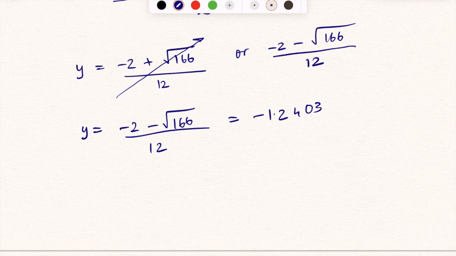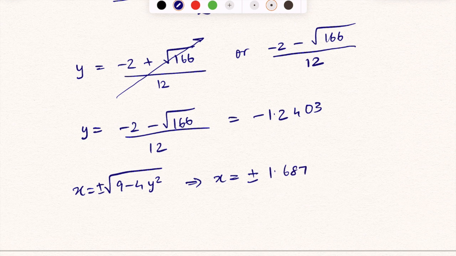Substituting this into x, we said earlier that x is equal to the square root of 9 minus 4y squared. Plugging this in, we end up with x is equal to plus or minus 1.687.